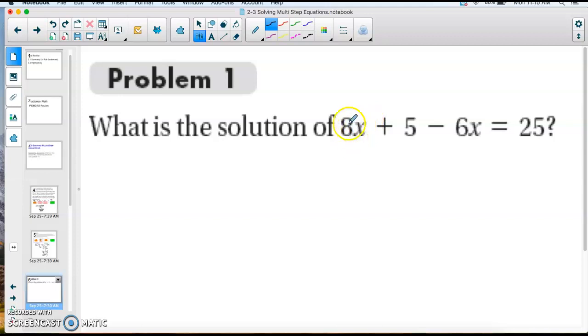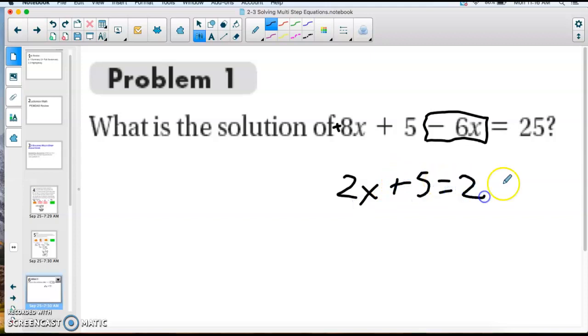I almost caught myself in a mistake, which is a good chance to learn. Remember, we have minus 6x and positive 8x. So if we have 8x minus 6x, we're going to end up with 2x left over. And we still have that plus 5 sitting there, and that equals 25.